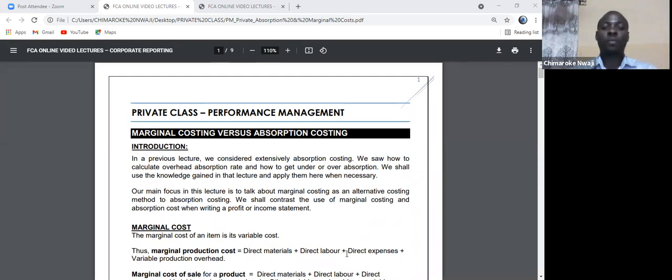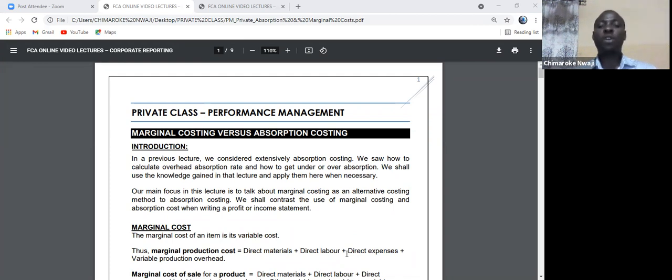All right, so our focus for today is marginal costing as an alternative method to absorption costing. And so we are going to be seeing how we can write profit or income statements using the absorption costing method and the marginal costing method. Now, the absorption costing method is what the financial accountants use to write profit statements.